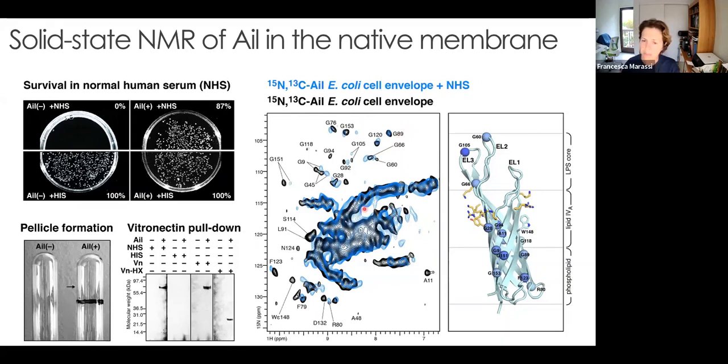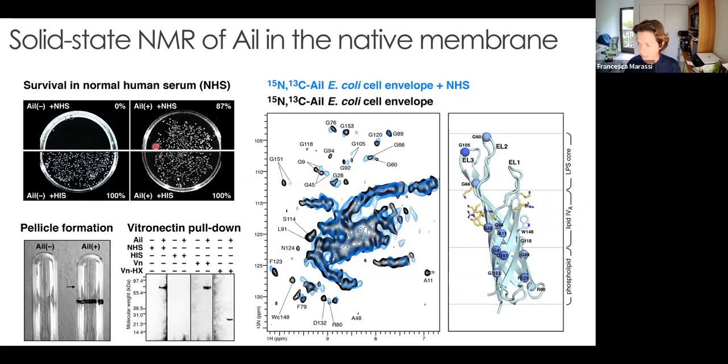What's nice about this is that the sample now can be used in parallel for solid-state NMR spectroscopy and for biological experiments. So again, without going into details, what we're showing here are 3 essential properties of this same sample that we use for NMR, and that is they confer the ability to survive in normal human serum.